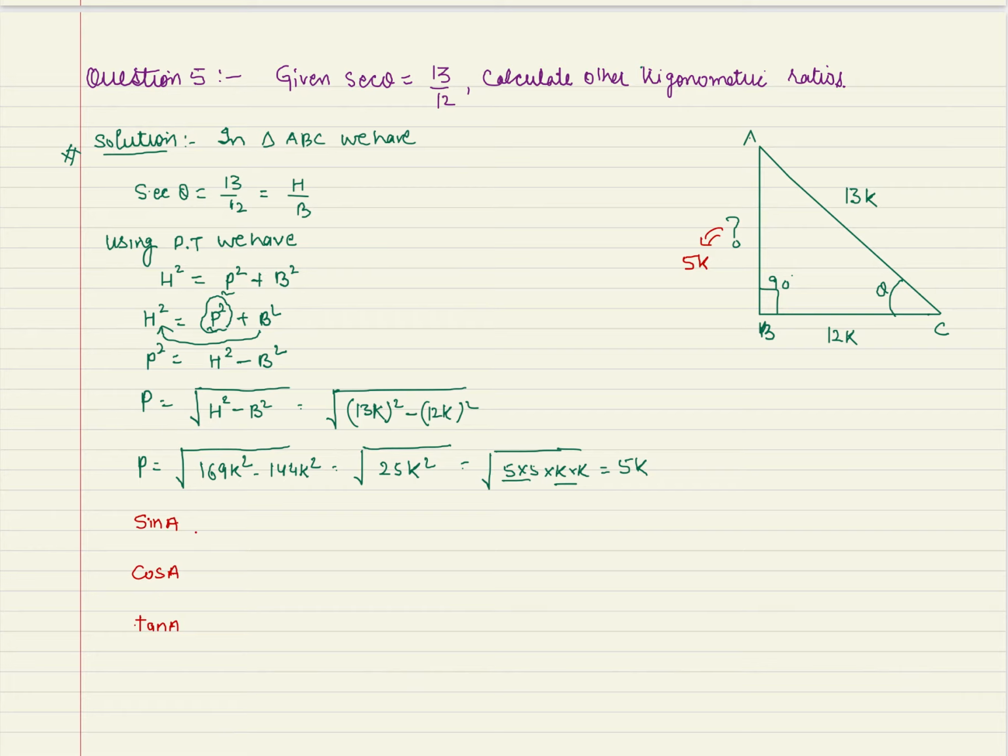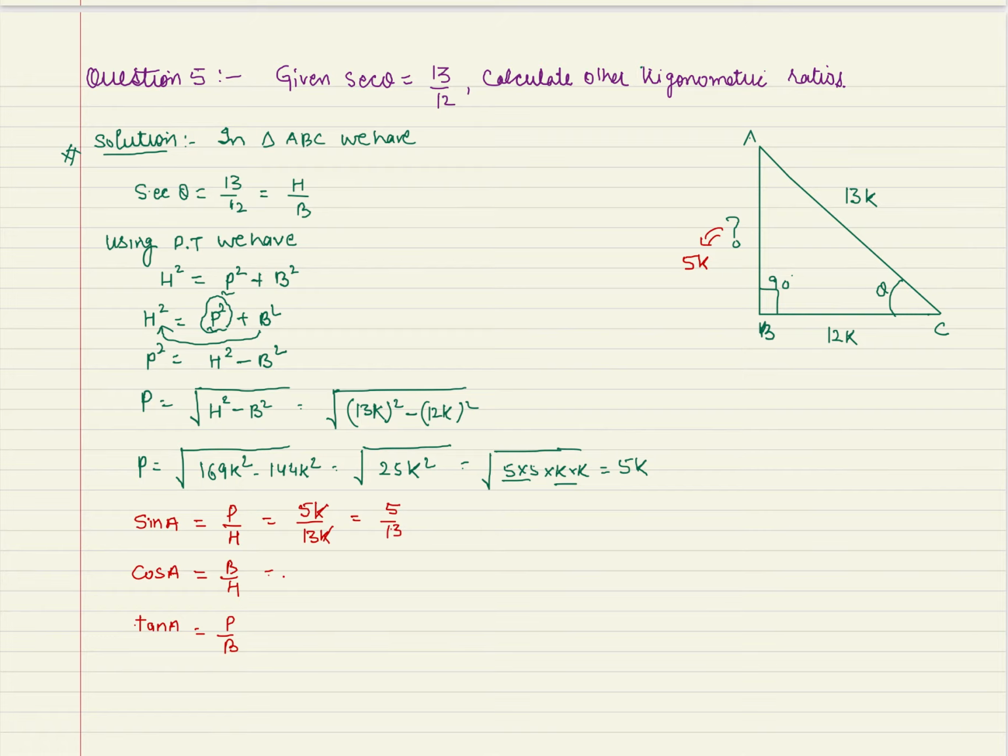Sine A is perpendicular upon hypotenuse, cos A is base upon hypotenuse, and tan A is perpendicular upon base. So perpendicular upon hypotenuse is 5k upon 13k. Cancel it out, we are left with 5 by 13.